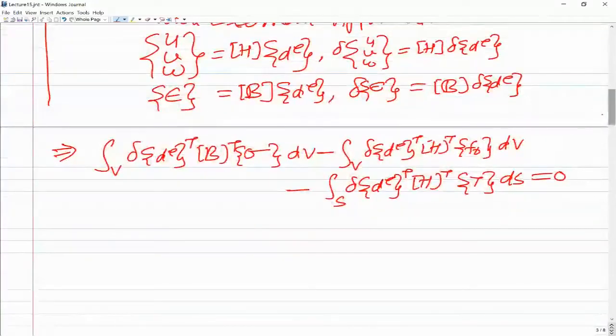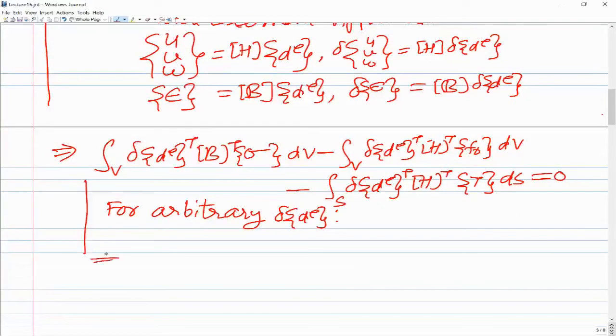So this is what we can write as the virtual work, and now we know this equation has to be 0 for arbitrary virtual displacement. So this should be true for arbitrary delta d. So for this equation to be true, we take out delta d common, and the coefficient of delta d in the entire expression must be equal to 0.